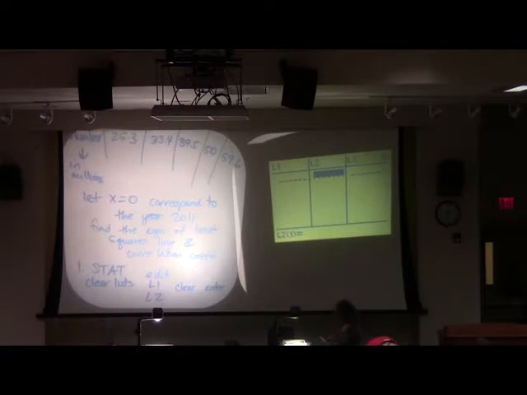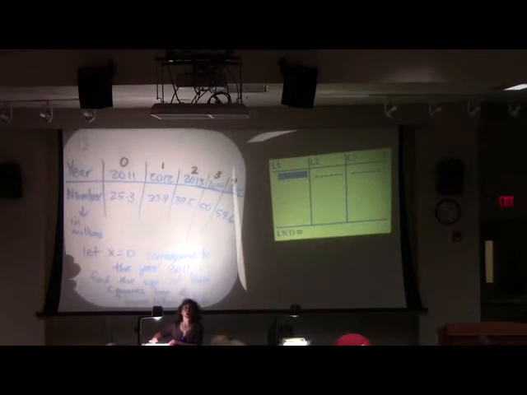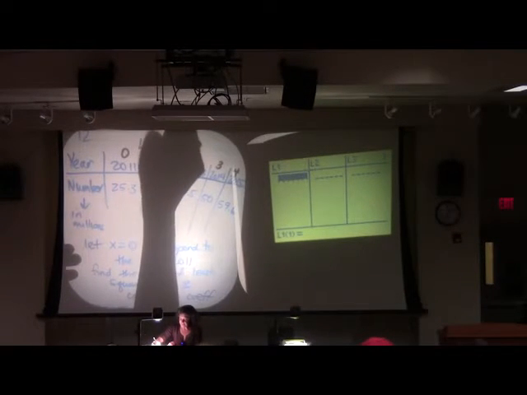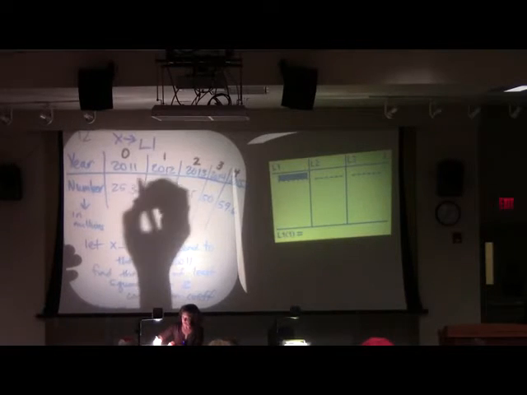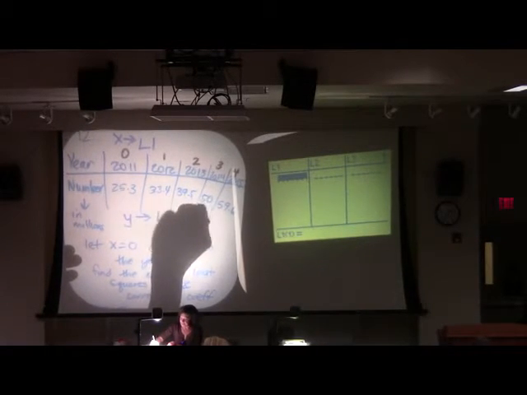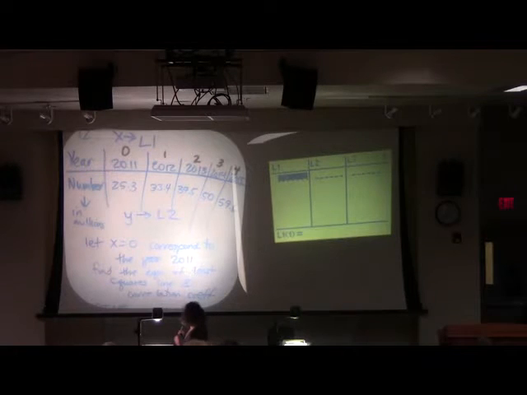All right. Now, our next step is to actually enter our lists. Your X values will always be in L1 and your Y values will be in L2. So in my L1, do you agree I just need to enter 0, 1, 2, 3, and 4? So I hit 0, enter. 1, enter. 2, 3, and 4.